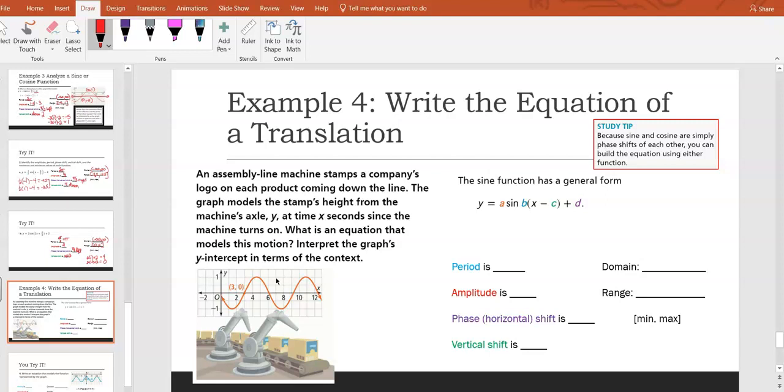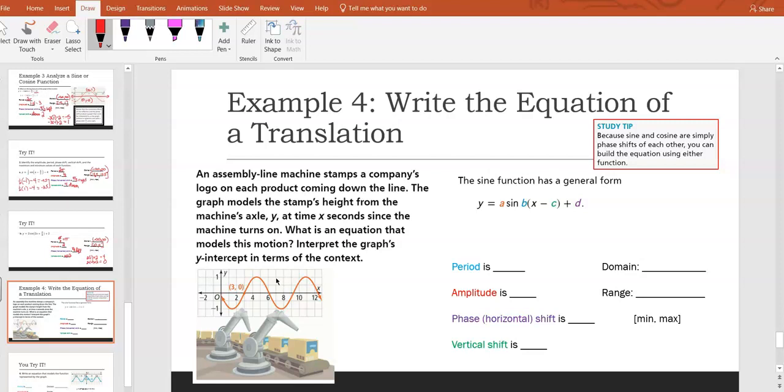So there are a lot of robots in assembly lines these days because they never get tired, right? You just keep working them over and over and over. But they need people that can operate and regulate these robots. So it's a field that's very up and coming. An assembly line machine stamps a company's logo on each product coming down the line.